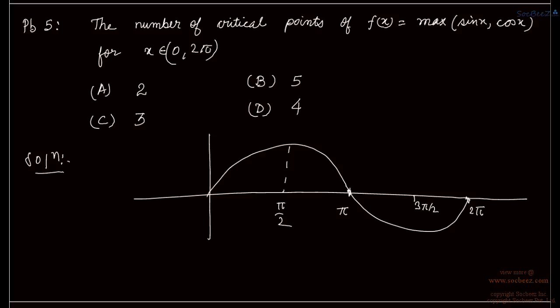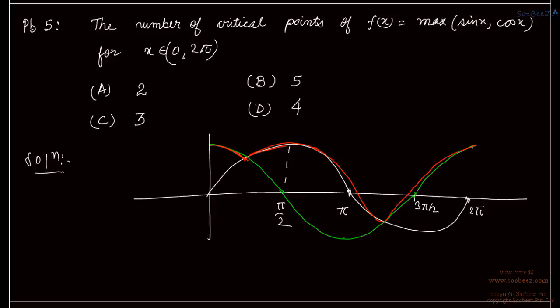This is 3 pi by 2. Now if I draw the curve of cos x, then it is something like this between the interval 0 to 2 pi. So the function is maximum of sin x and cos x. So the function is this, which is maximum, right?